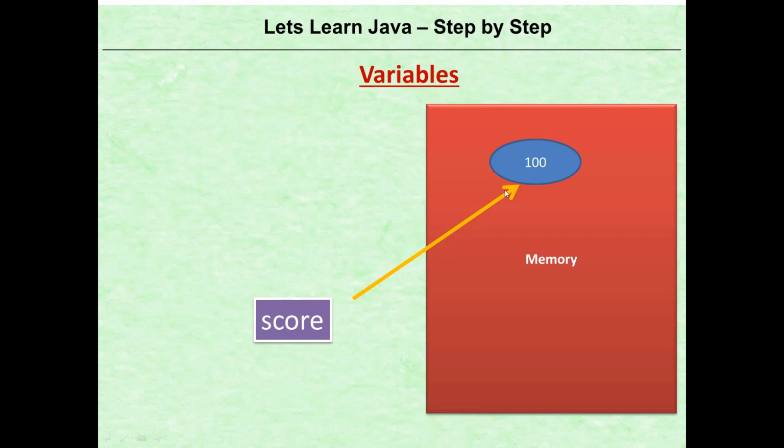The size of this memory will depend upon the type of variable that is referenced by this score. So this is what exactly a variable is: a memory space, some location in memory where you will be storing some value referenced by some identifier, and you could always manipulate this value in case that is allowed.